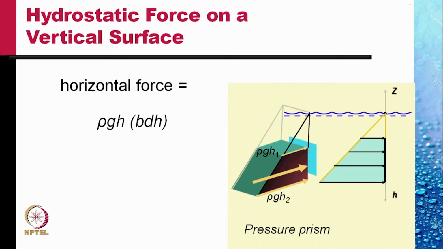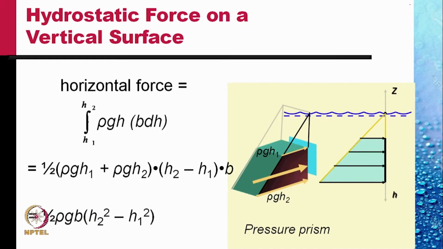To find the total force on the plate, we have to integrate this over h, from h equal to h1, the depth of the upper point of the plate, to h2, the depth of the lower point of the plate. If we do a simple integration assuming rho, b and g constant, we get the total horizontal force as 1/2 rho g b (h2 squared minus h1 squared).